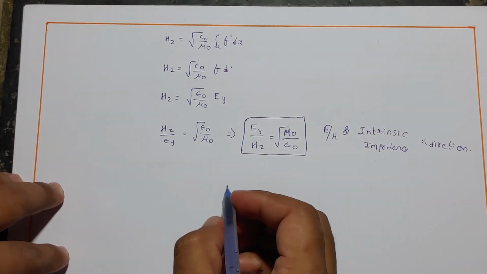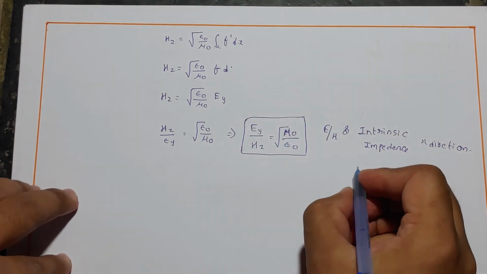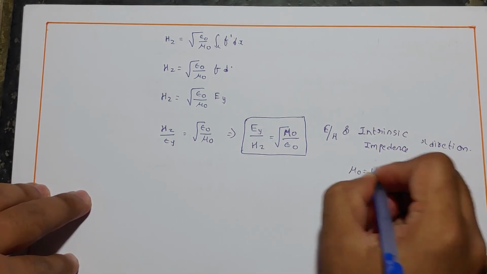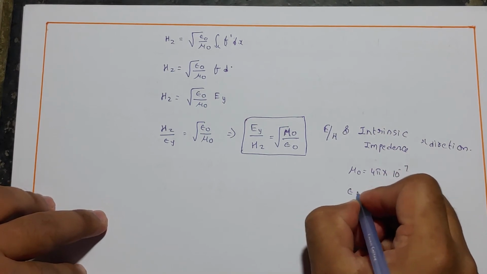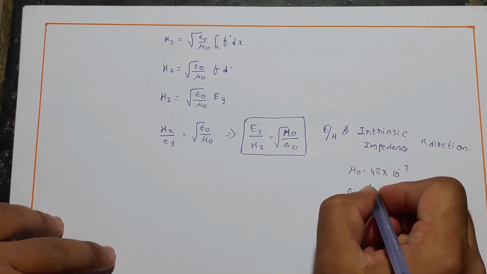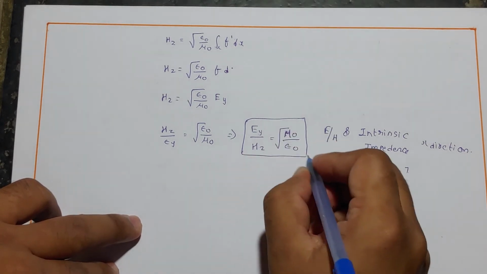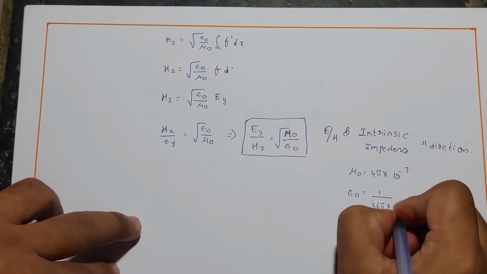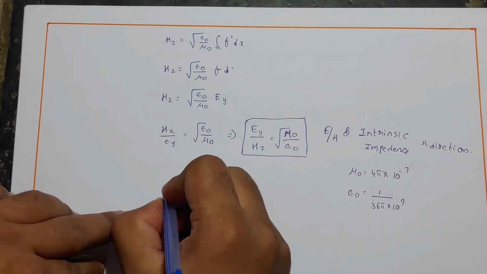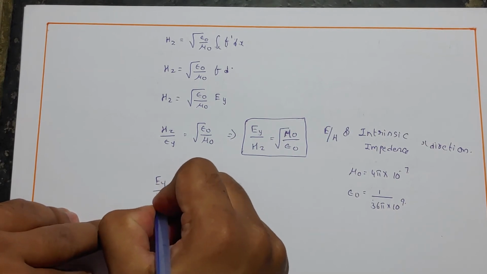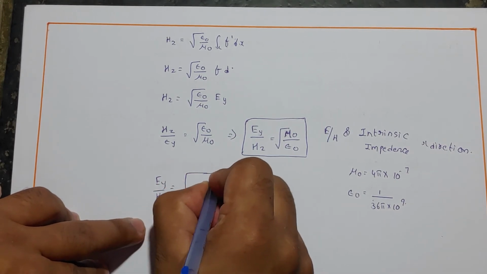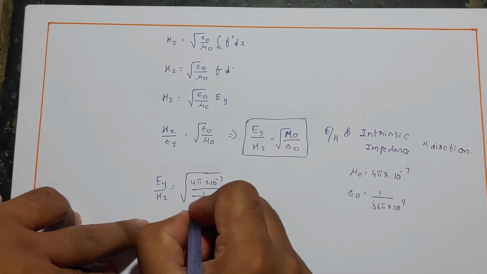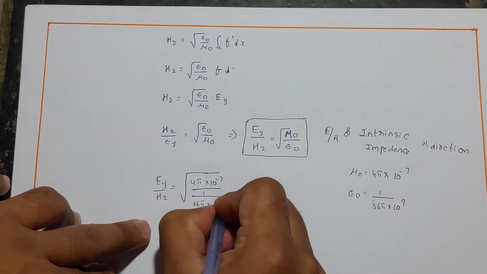Now let us solve by substituting the mu naught term. As you know, mu naught is equal to 4 pi into 10 to the power of minus 7, and epsilon naught would be equal to 1 by 36 pi into 10 to the power of 9. That is Ey by Hz would be equal to square root of 4 pi into 10 to the power of minus 7 divided by 1 by 36 pi into 10 to the power of 9.